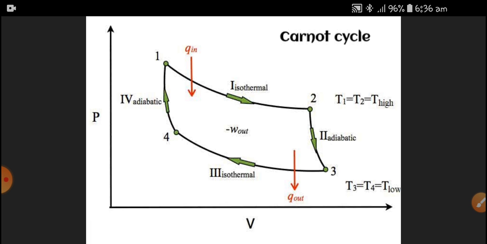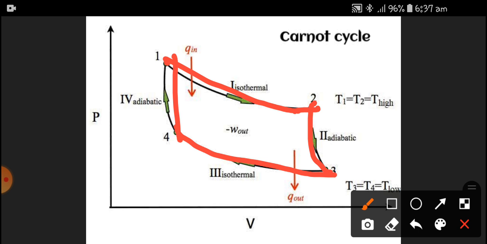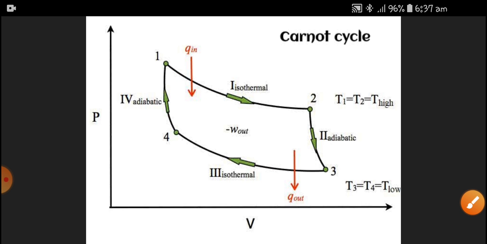We can start the Carnot cycle anywhere. I can start from here. It is an isothermal expansion, adiabatic heat rejection, isothermal compression and adiabatic heat addition. Here heat is added and here heat is rejected. So this is how the Carnot cycle is defined.